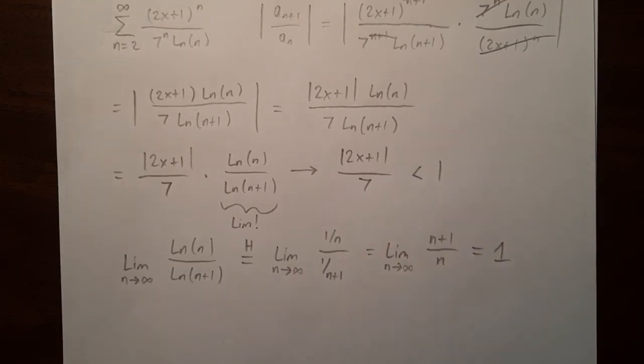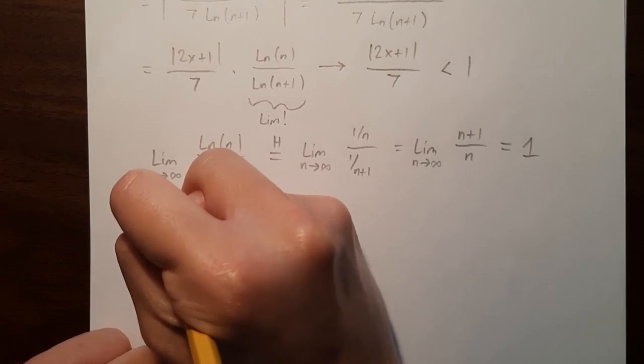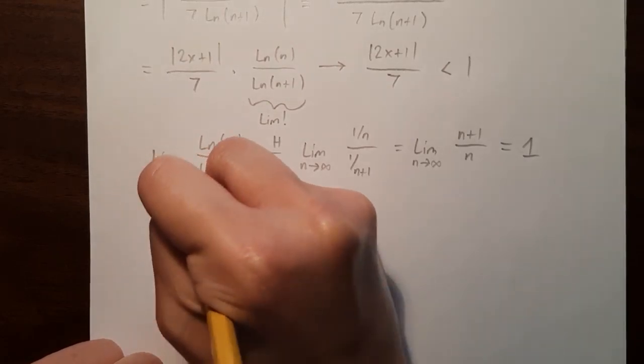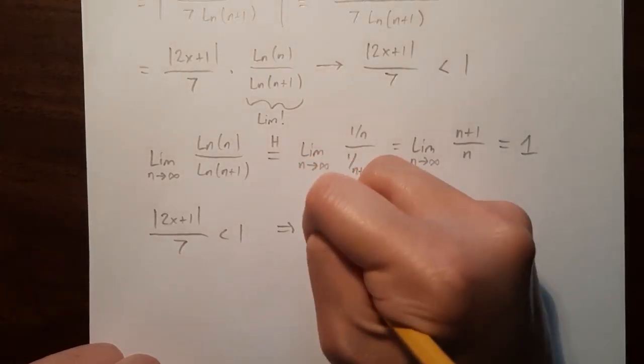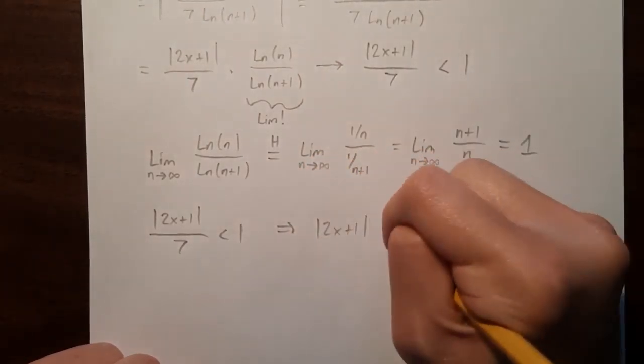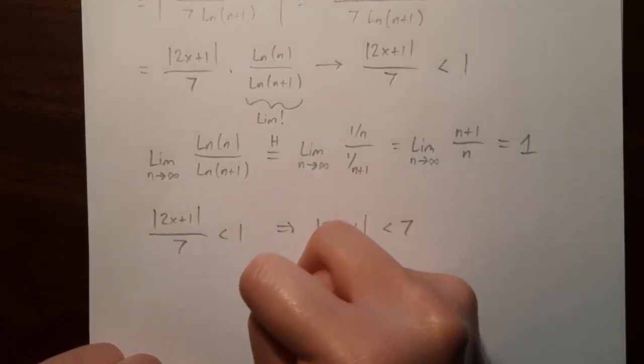All right, so let's solve this thing for x then. I'll reproduce it down here, just so the page doesn't look too confusing. So multiply both sides by 7. And we can get rid of the absolute values by writing the inequality like this.